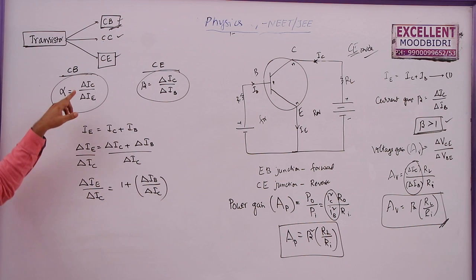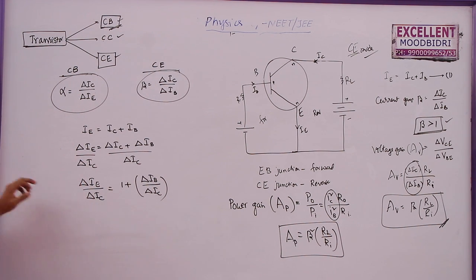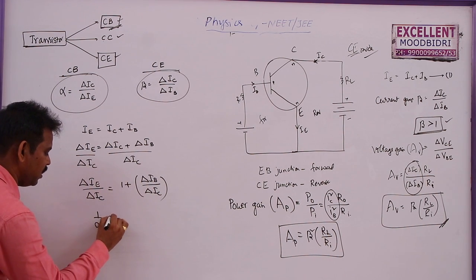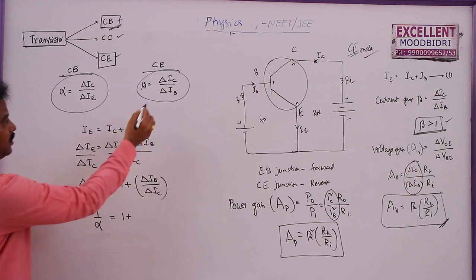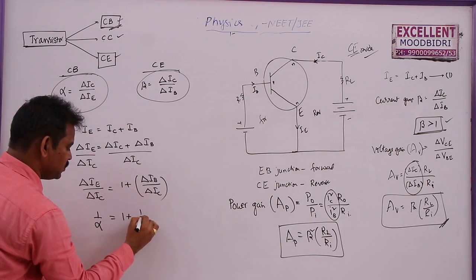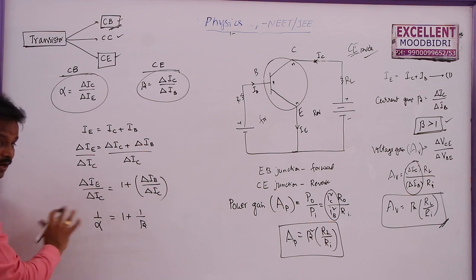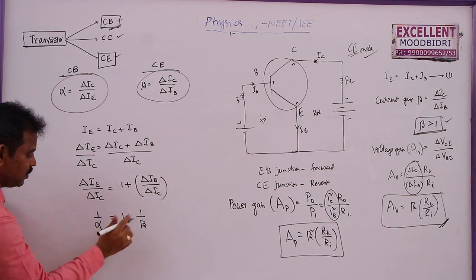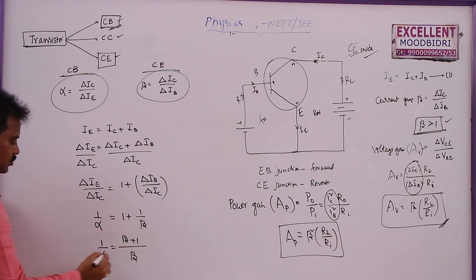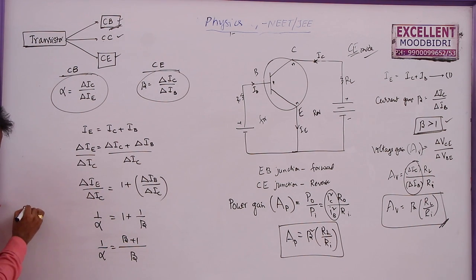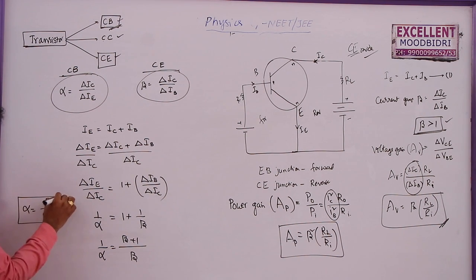Here you can see delta IC by delta IE is alpha, but this is delta IE by delta IC, which is equal to 1 by alpha. This is 1 plus delta IB by delta IC, but delta IC by delta IB is beta, so this must be 1 by beta. So the relation between these two is 1 by alpha is 1 plus 1 by beta, or 1 by alpha is equal to, if you take LCM beta here, beta plus 1 over beta. So this can also be written as alpha is equal to beta by 1 plus beta. This is the relation between these two.